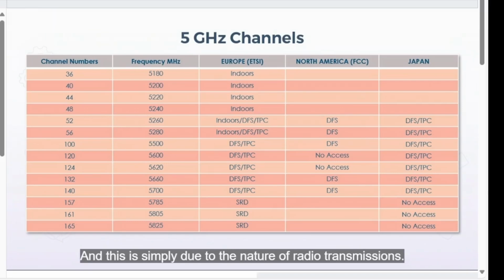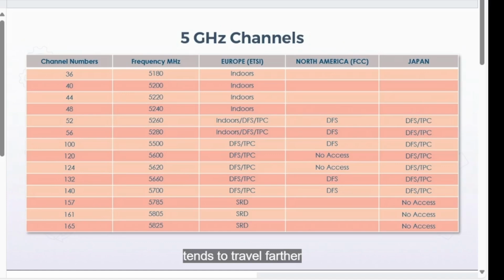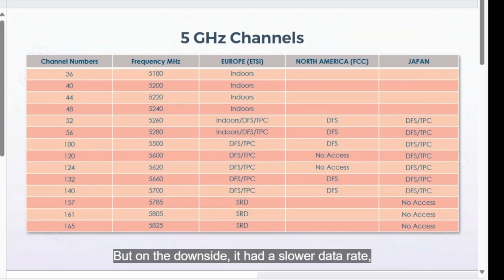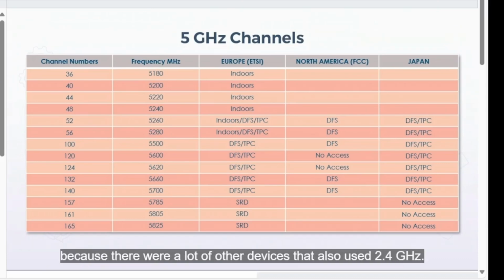DFS is dynamic frequency selection, which is simply a feature whereby communicating devices are able to negotiate the best channel. TPC is transmit power control, which refers to devices using as little power as possible to maintain the connection, and SRD refers to short-range devices.